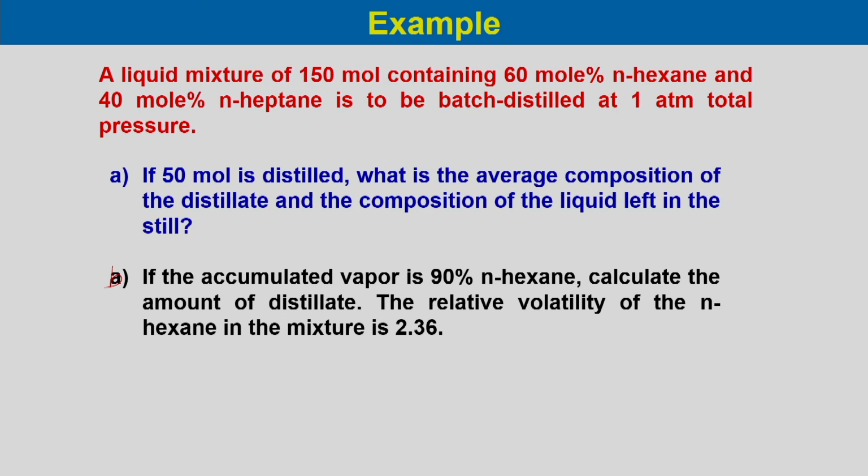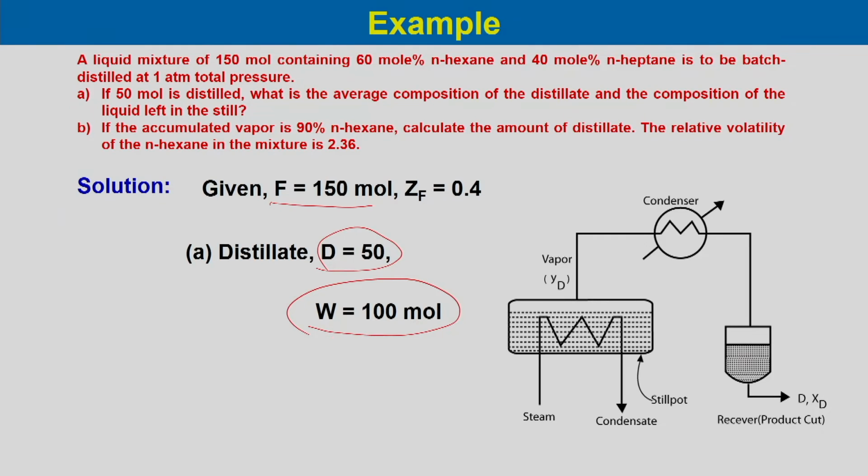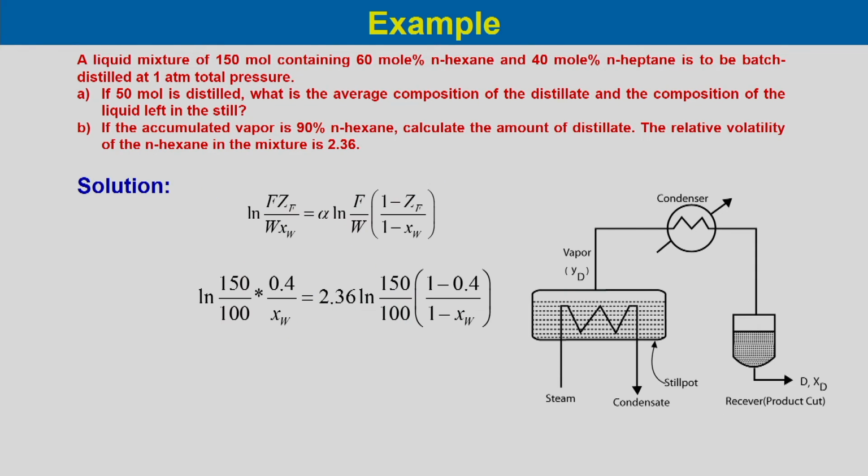It is given that the relative volatility of N-hexane in the mixture is 2.36. So, the feed is 150 mole and ZF is 0.4. Distillate is given, D is equal to 50. Since the total feed is 150 mole and D is 50, W would be 100 moles. So, we need to calculate YD average.